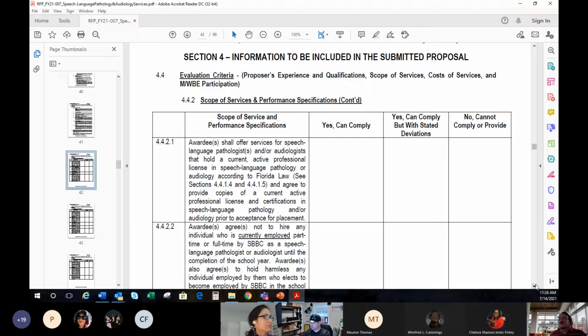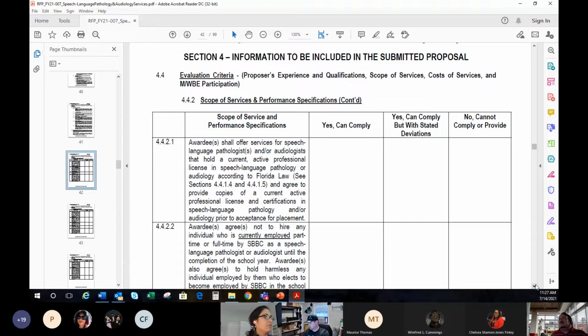For example, awardees shall offer services for speech language pathologists and audiologists that hold a current active professional license in speech language pathology or audiology according to Florida law, and agree to provide copies of a current active professional license and certifications prior to acceptance for placement.